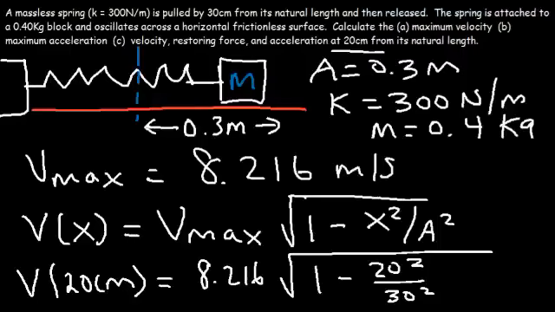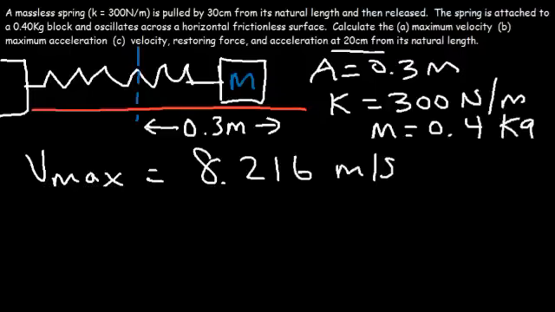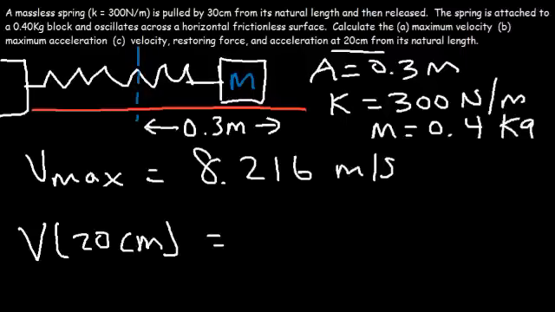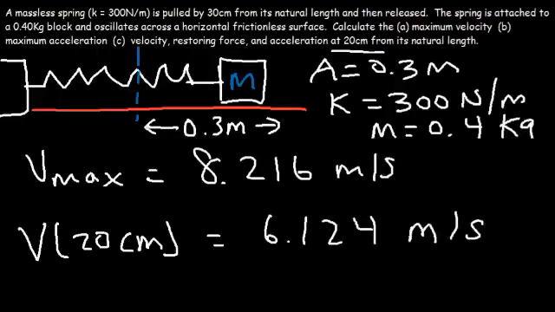And the square root of that is 0.7454, times 8.216. So you should get a velocity of about 6.124. So your answer should be less than the maximum velocity. If for some reason it's larger, you know it's not correct.